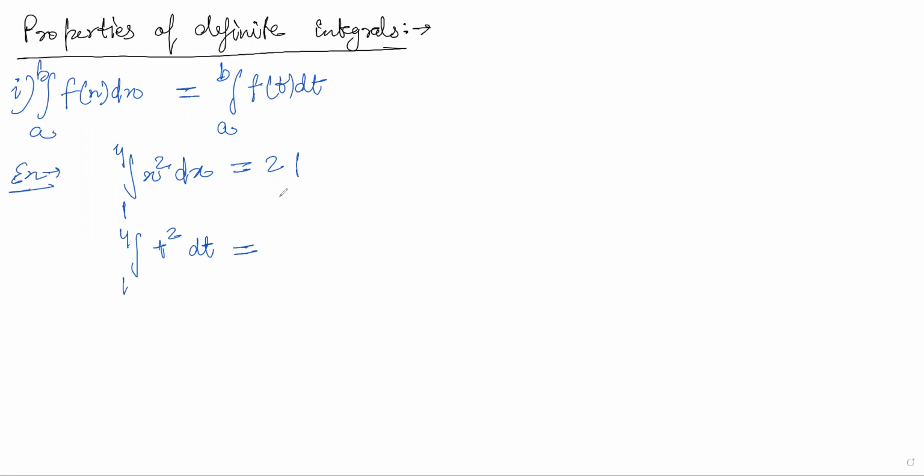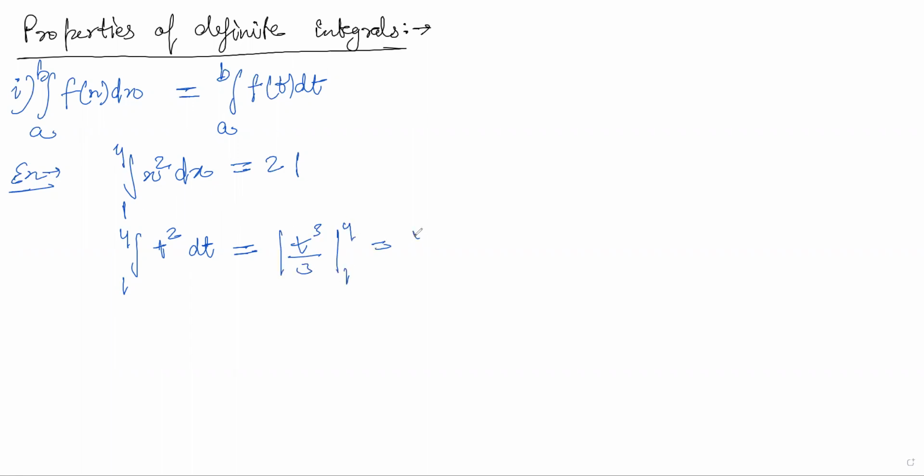How? Because the process will be the same. The function is the same, and as long as the function is the same, the answer will be the same. So if you integrate t square under the limits 1 to 4, you will get t cubed by 3, from 1 to 4.